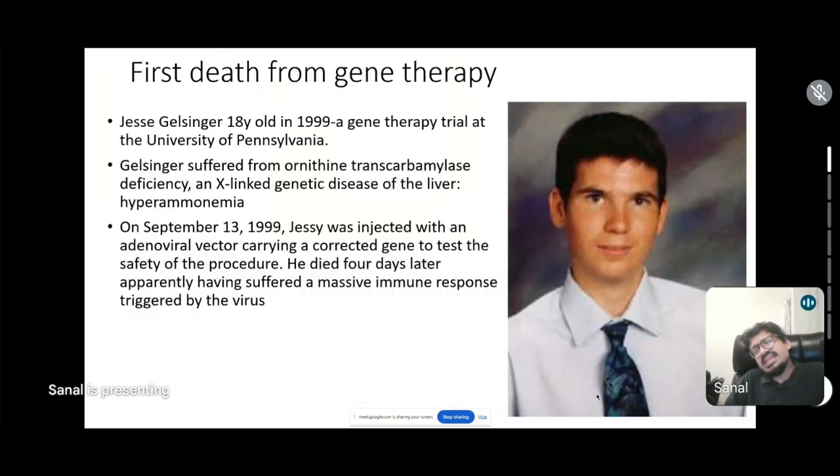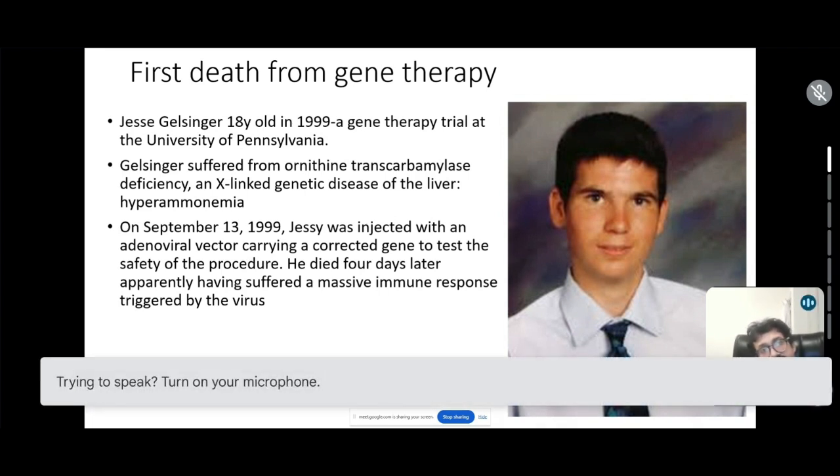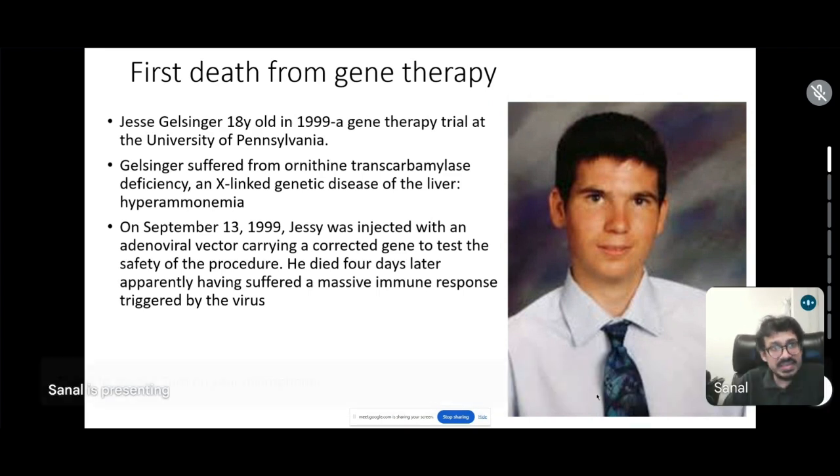And now let me come to the bad side of gene therapy. There was a terrible death from gene therapy. Jesse Gelsinger, 18 years old, died in 1999 in a gene therapy trial at the University of Pennsylvania.